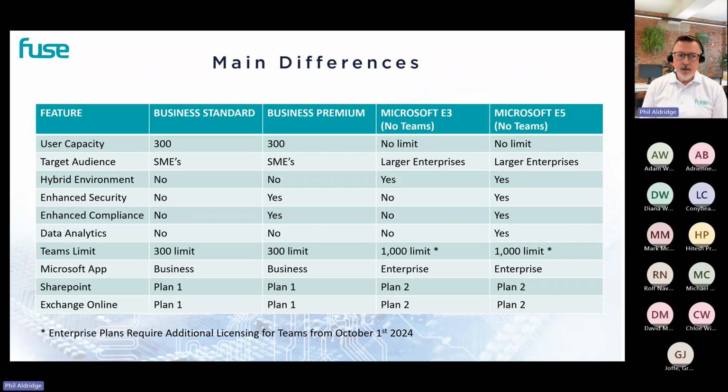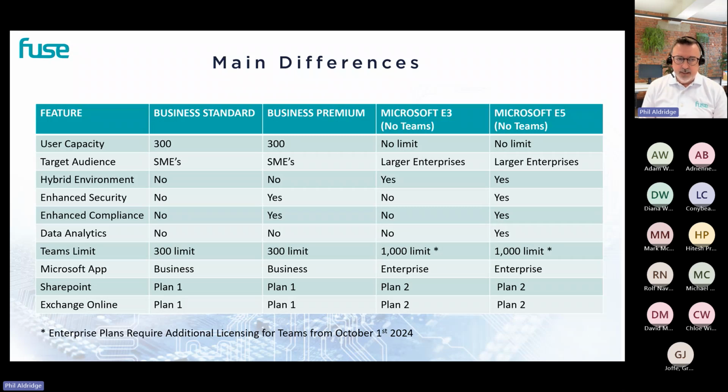If you are under 300 staff or 300 seats, probably business standard and business premium is what you need. If you're over 300 seats, then you cannot use standard and premium. You have to be using E3 and E5. That is the single biggest difference. So that's why the target audience for business standard and premium is the SMEs, and for E3 and E5, it's the larger enterprises.